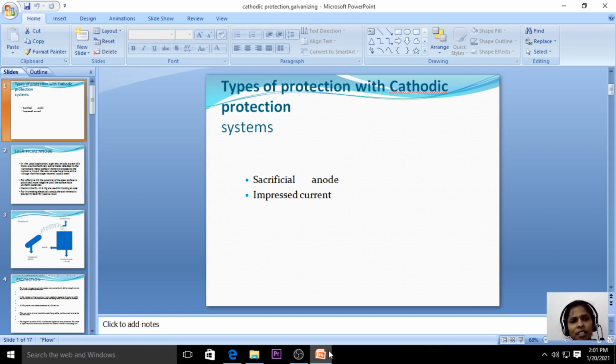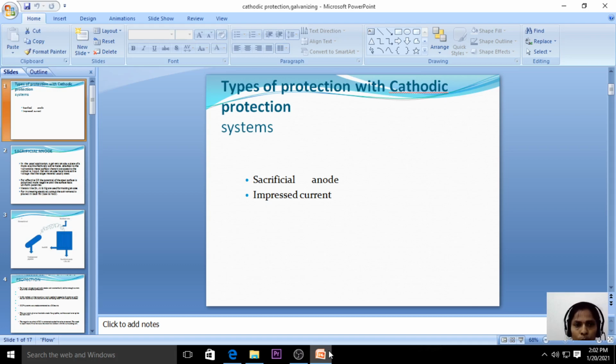Where does the corrosion take place? Corrosion generally takes place at the anode, and the cathodic part is protected from corrosion. So our aim in cathodic protection is to forcibly convert the base metal into the cathode. When the metal is anode, there is corrosion, but when the metal is converted to the cathode, there is no corrosion.